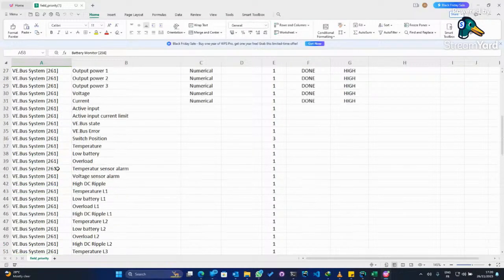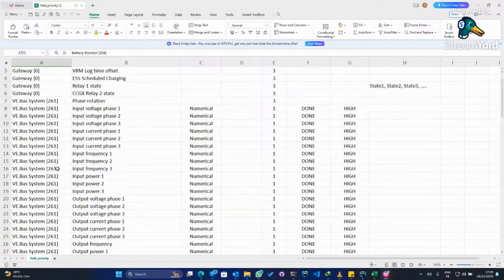And now the VE bus system is a very tricky one, because it is not actually a powering device like the generator, the battery or the solar panels, but it will mostly give you an overview of how the system is functioning.